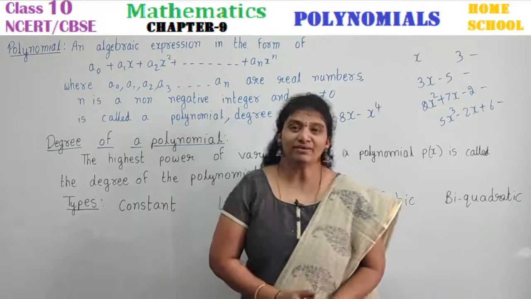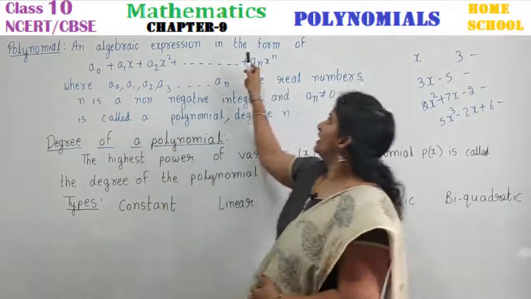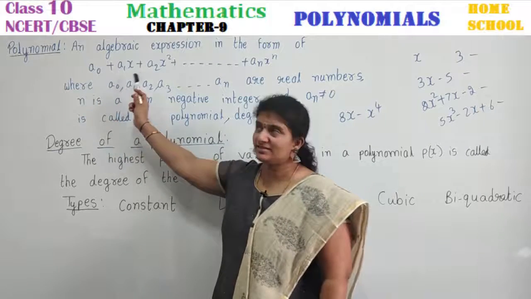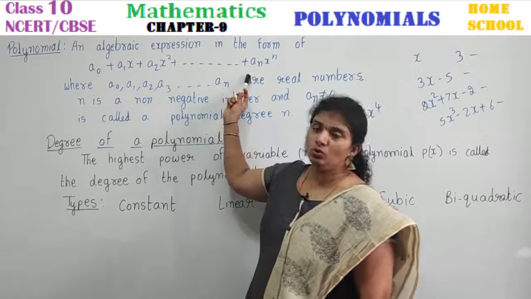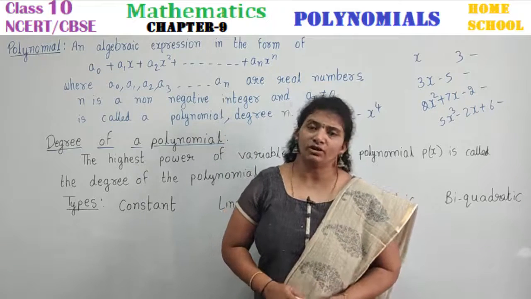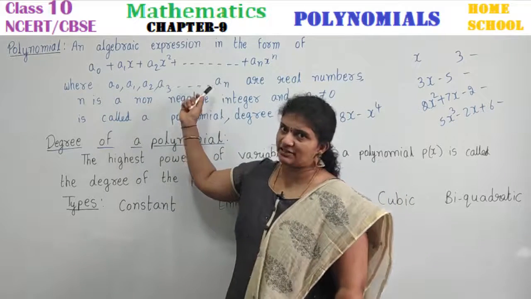What is a polynomial? An algebraic expression in the form of a0 plus a1x plus a2x square plus so on up to an x power n. This is the main statement we know about a polynomial. What is this? It is an algebraic expression.